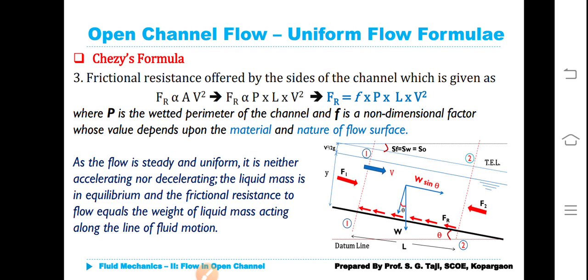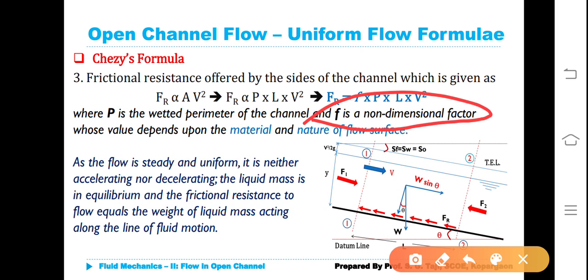Therefore, Fr can be considered equal to small f multiplied by P multiplied by L multiplied by V squared, where P is the wetted perimeter of the channel and f is a non-dimensional factor whose value depends upon the material and nature of flow surface.